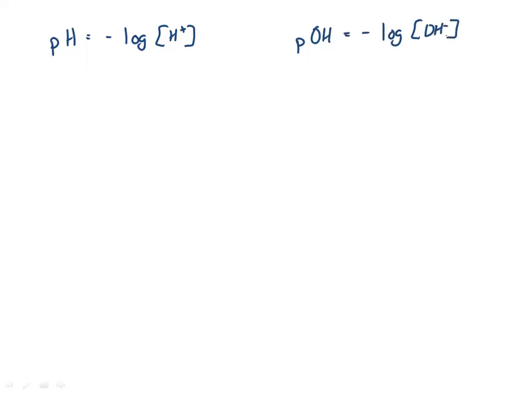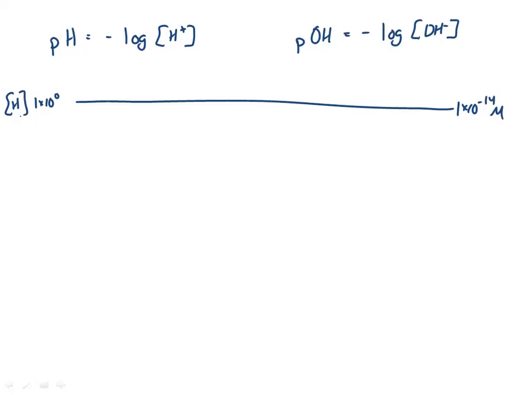So what this does is it takes our scale, instead of going from 1 times 10 to the 0 all the way to 1 times 10 to the minus 14 molar for the hydrogen ion concentration, and makes it go from 0 to 14, where in the middle of our scale we would have had 1 times 10 to the minus 7 molar.